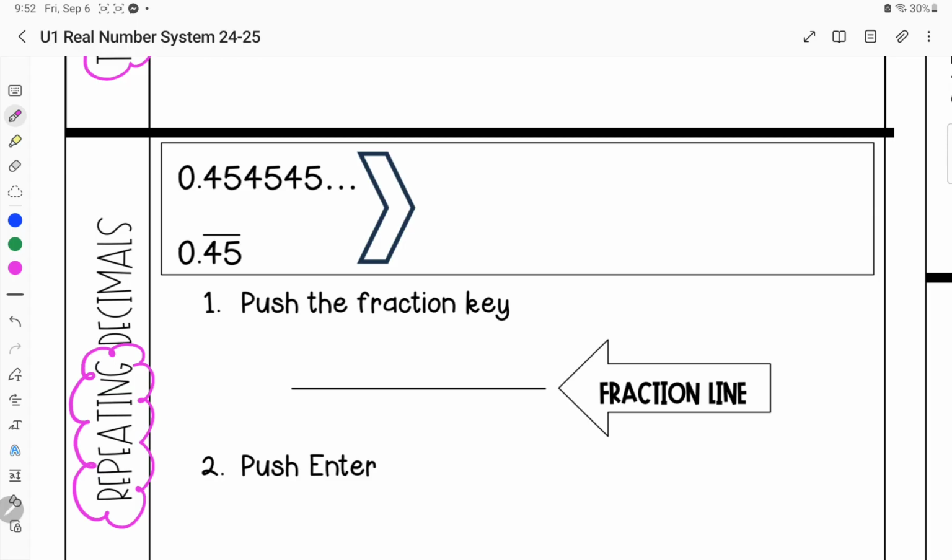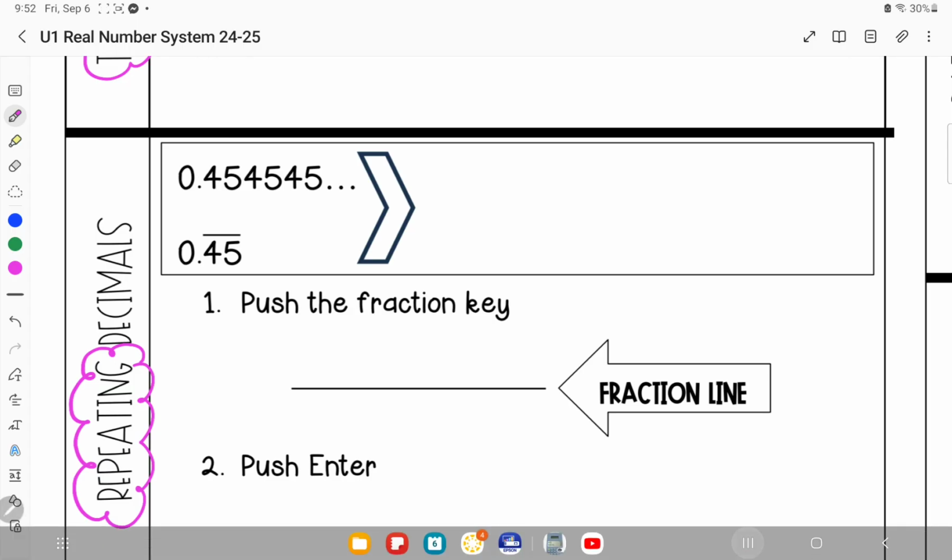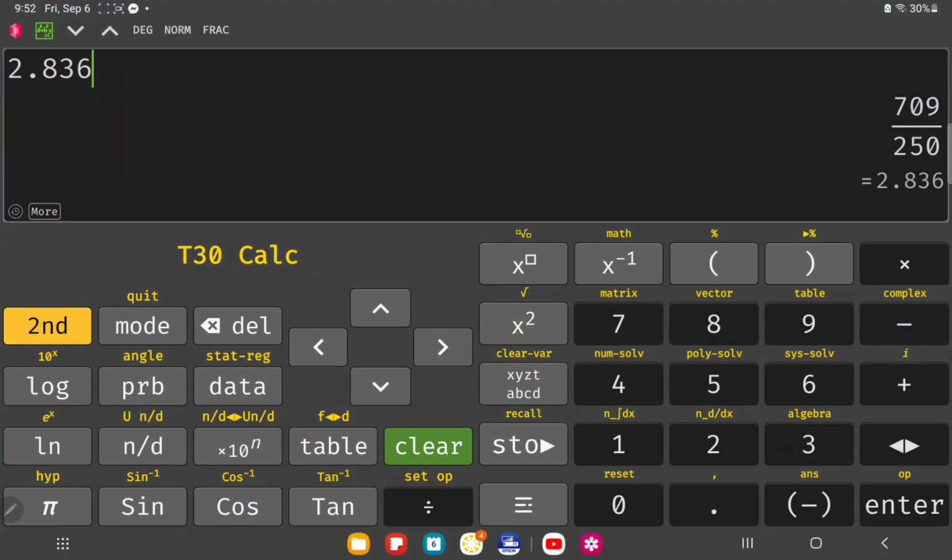So a couple things that I want you to look at. I want you to put in your calculator 1 over 3, or 1 divided by 3. We're going to look for a pattern here. So I'm going to do 1 divided by 3, and you'll notice I get 0.333333333.